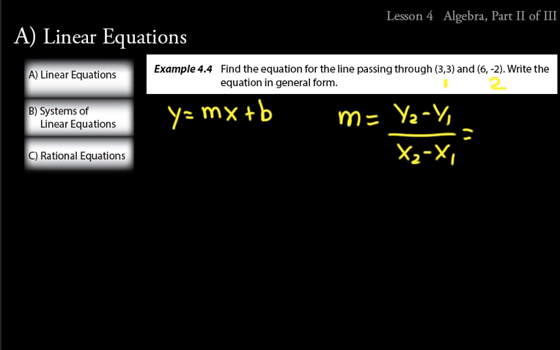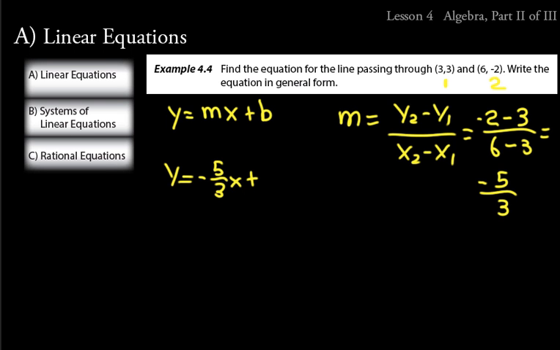So y2 is negative 2 minus y1, so minus 3, over x2, which is 6, minus x1, which is 3. So minus 2 minus 3 is minus 5, over 6 minus 3 is 3, minus 5/3. That's the slope. Y equals minus 5/3 x plus b.